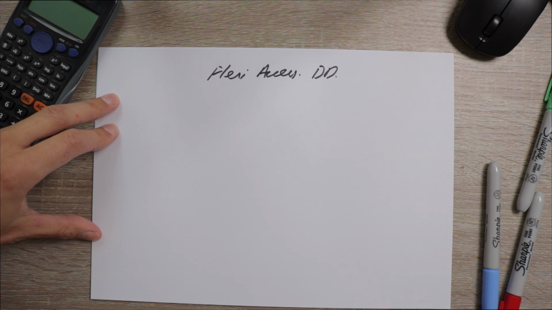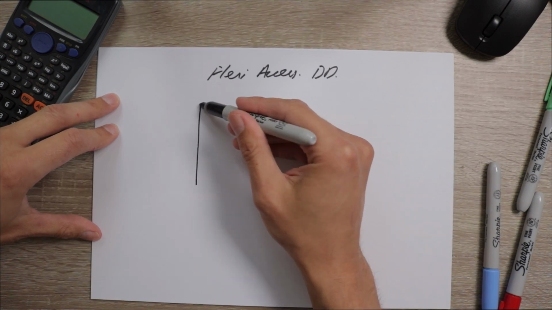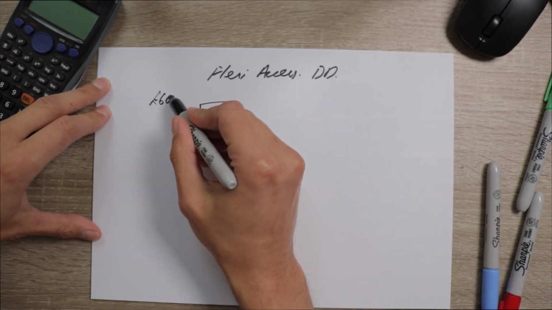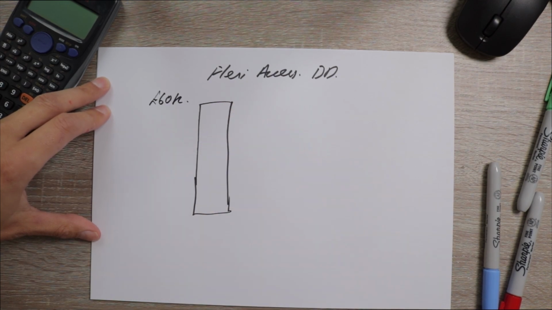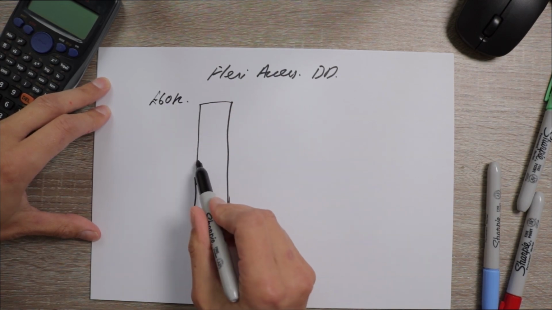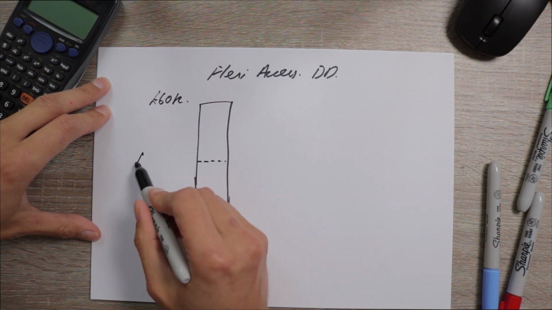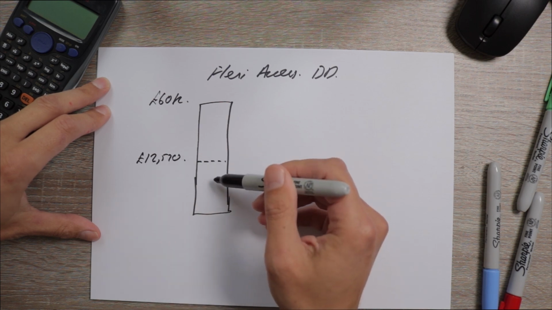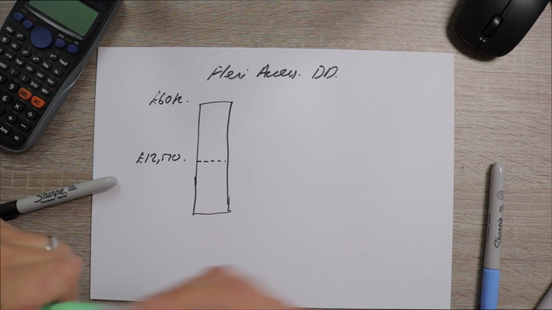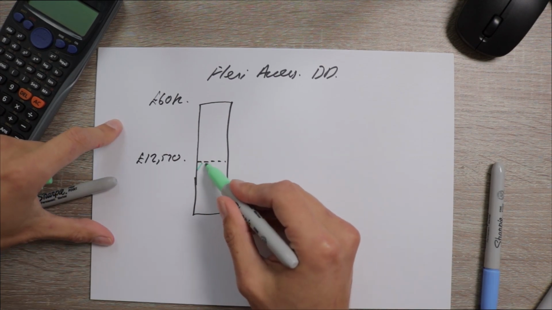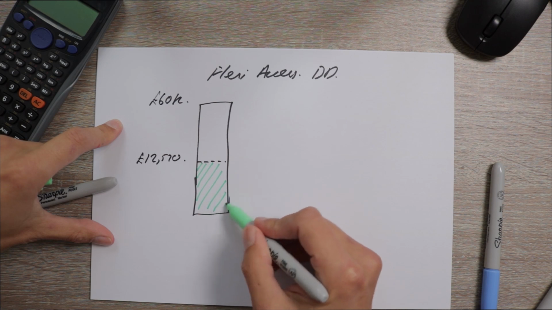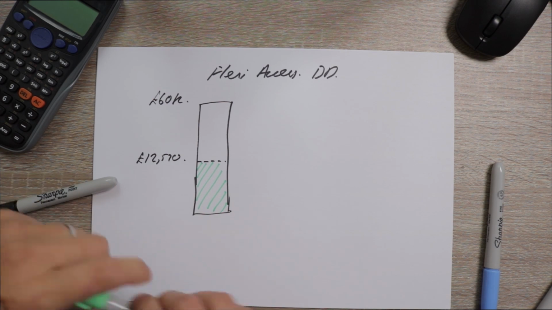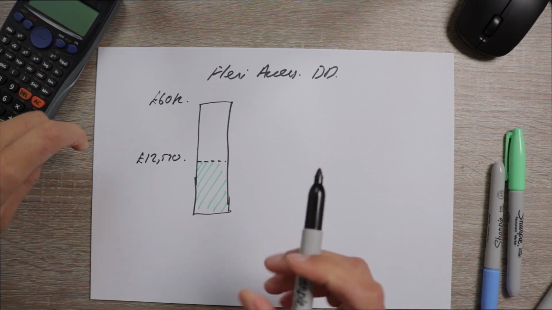So let's say we've got our taxable income. Let's give an example of this. Let's say we've got a total taxable income of £60,000. So it's pretty good retirement income. We know that £12,570 of that falls within our personal allowance, and therefore if our taxable income falls within our personal allowance, then effectively no tax is payable on this portion of our taxable income.